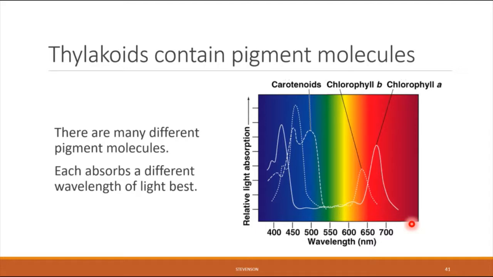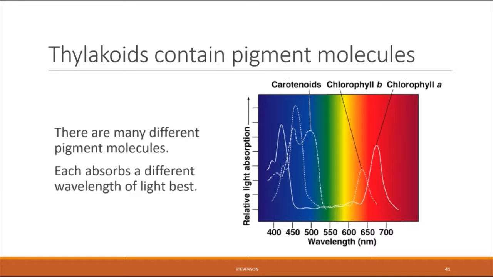Let's talk for a moment how that sunlight energy is absorbed in the first place. The membranes that surround thylakoid discs contain many different pigment molecules. And a pigment is a molecular structure that is capable of absorbing some sort of light energy. There are lots of different types of pigment molecules. Here we see in this graph 3 of the most common pigments that are found in plants.